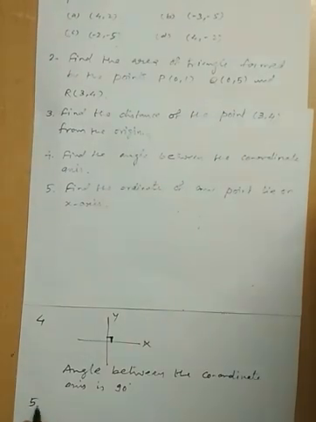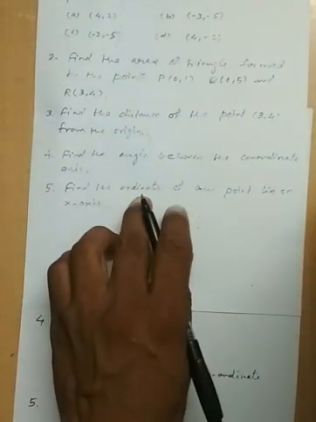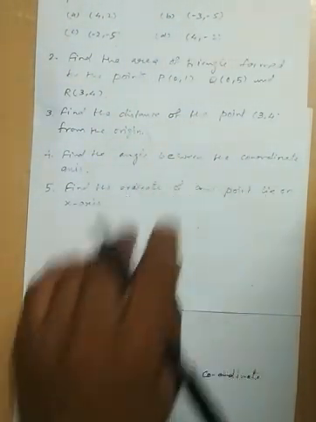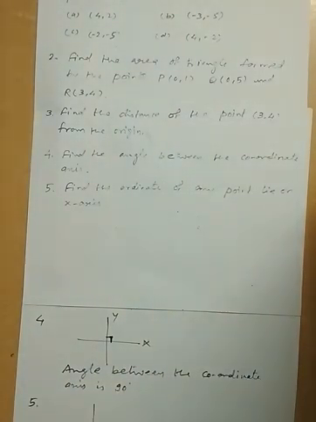Next question, fifth question, find the ordinate of any point lying on the x-axis. On the x-axis, the y coordinate is 0 and the y coordinate is also called the ordinate.